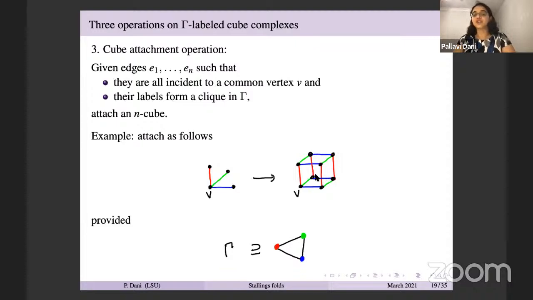And so you attach a cube there. There should be a cube there because that's going to give you the extra elements of the group, which you're getting from relations within the group. Okay, so you have this cube attachment operation.